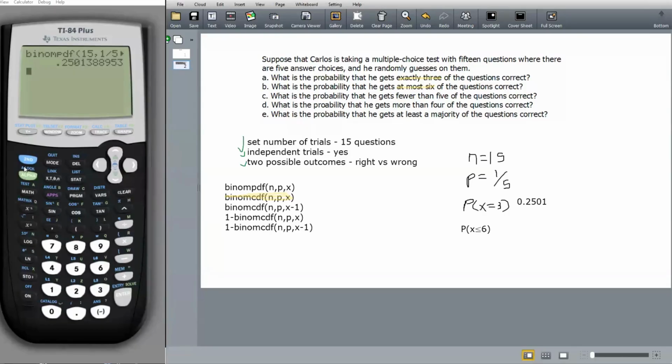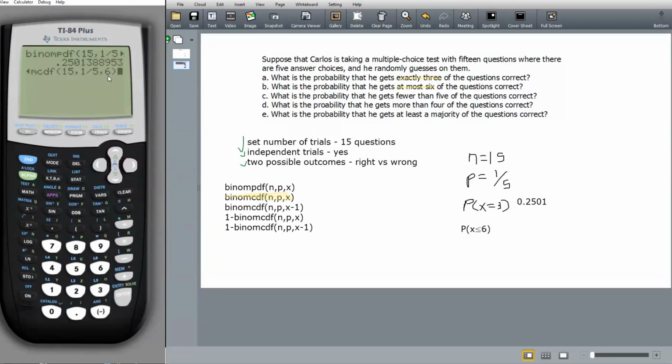So in my calculator, I'll do second, vars, binomial CDF. My trials are still 15. My probability of success is still 1 out of 5. But here, my X value is 6, and I am including 6 in my probability, so I am not going to have to subtract 1.